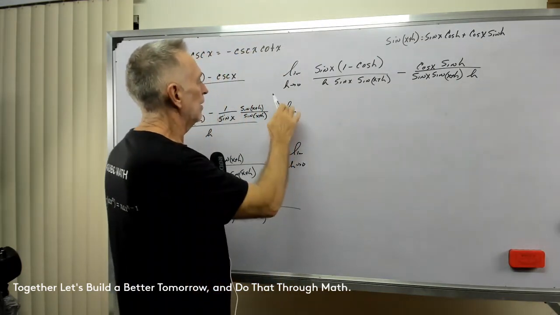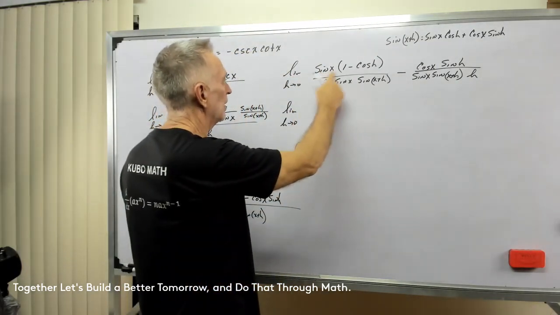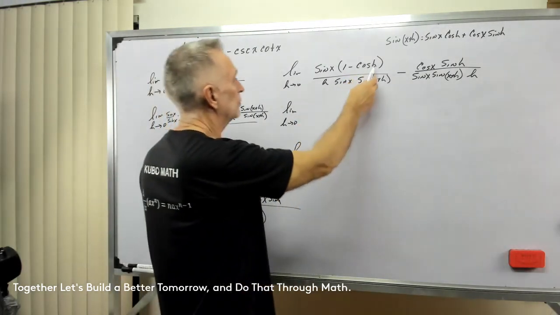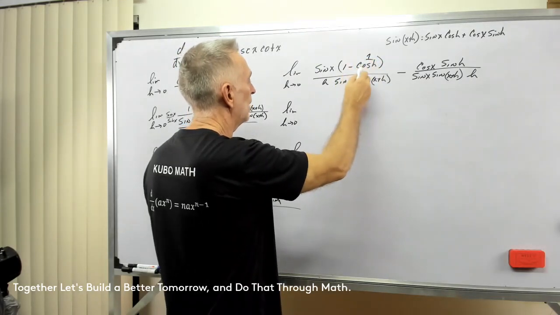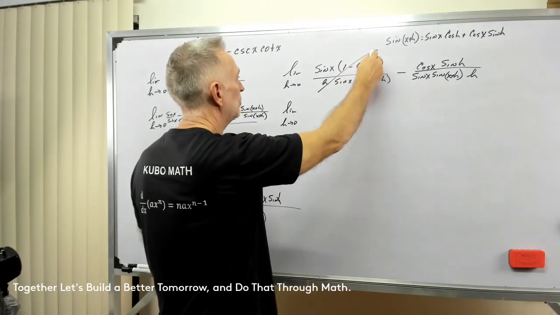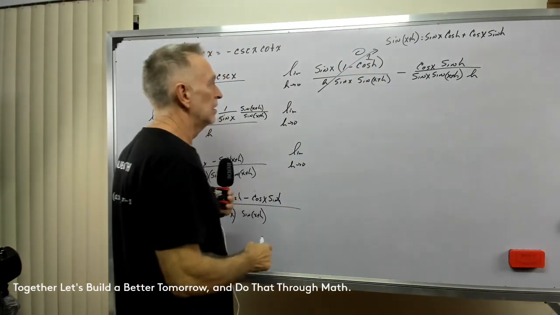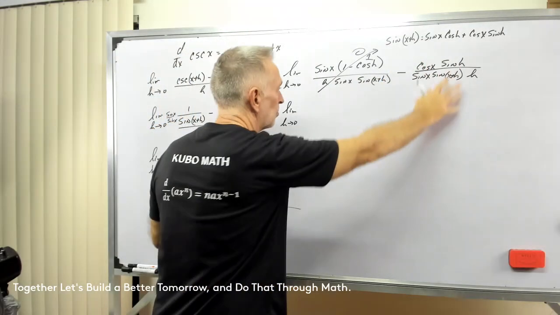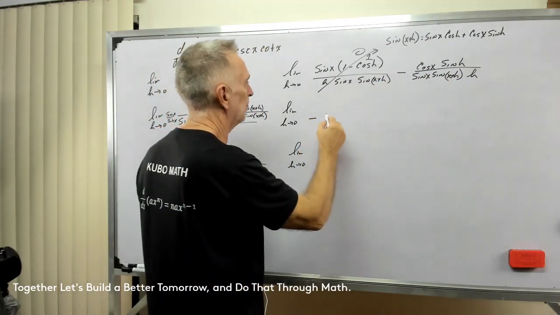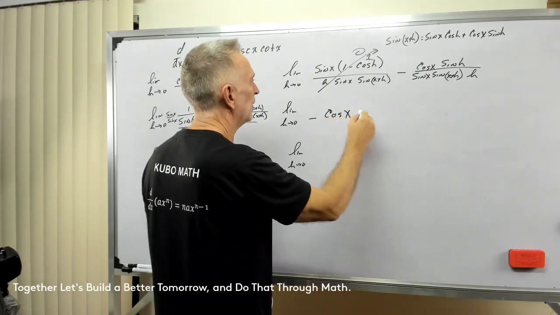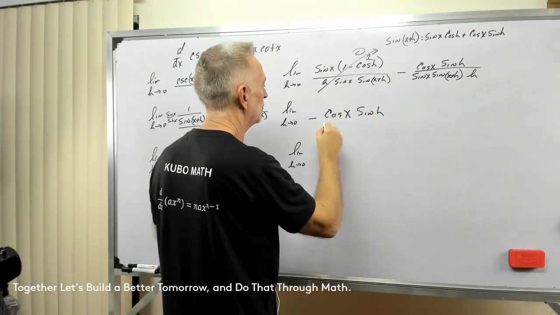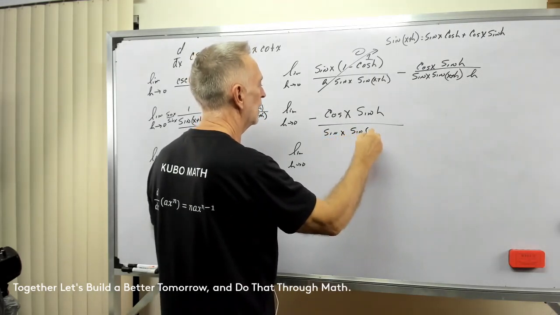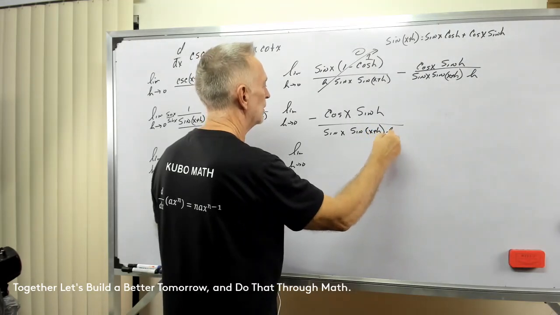Now if we go through the limit as h approaches 0, cosine of 0 is 1, so 1 minus 1 makes that a 0 in the numerator. So that side of this thing just becomes 0, and I'm just going to bring this part down. So I have a minus cosine x sine h over sine x, sine x plus h, times h.